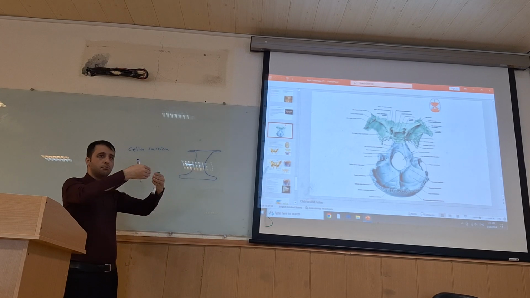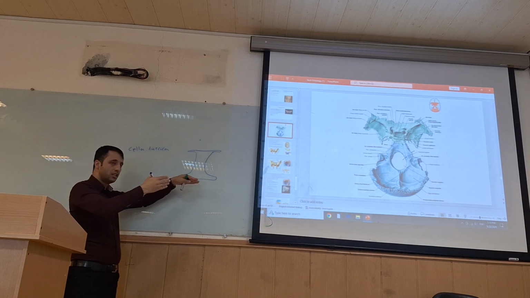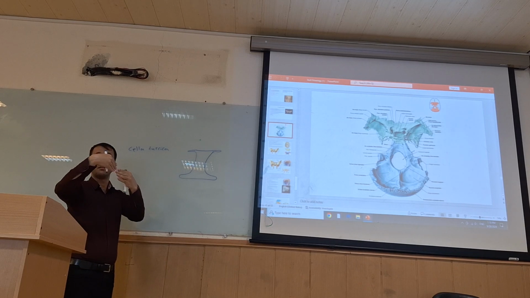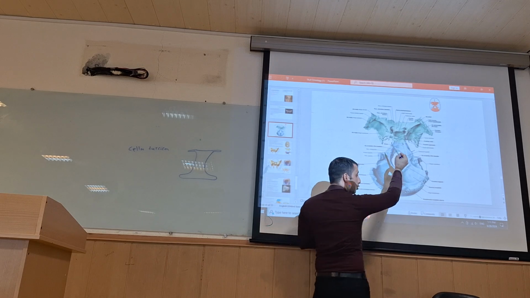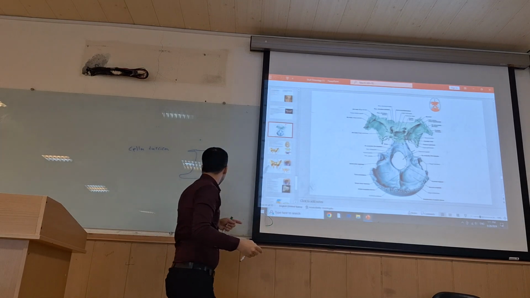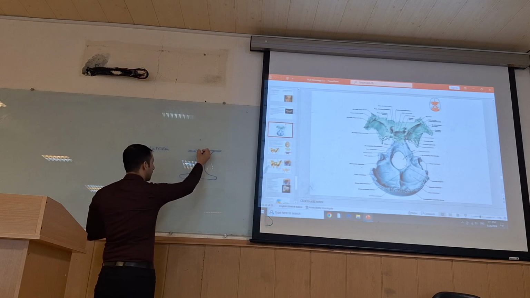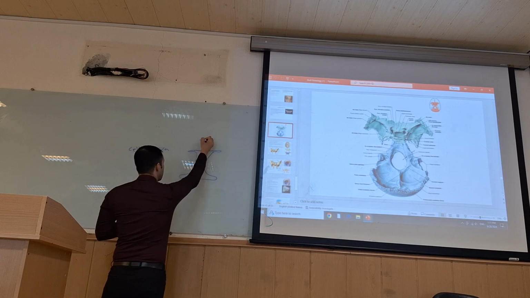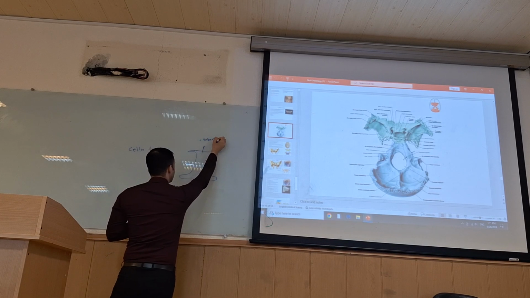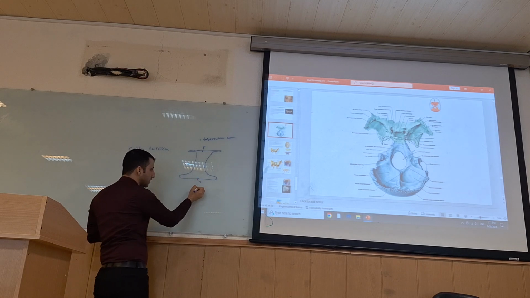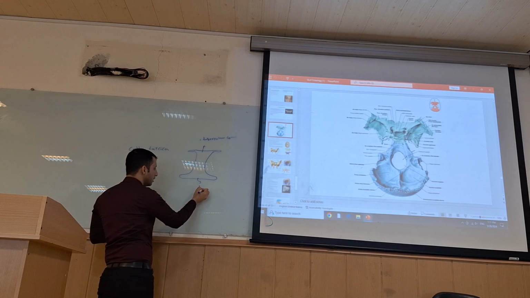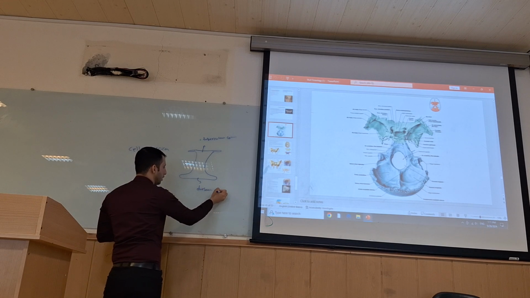The anterior part is a bulging area. Posteriorly is also a bulging area. But the central part is a fossa, located in the central area. This part which is located anteriorly is named tuberculum sellae. Okay? This part posteriorly is dorsum sellae.